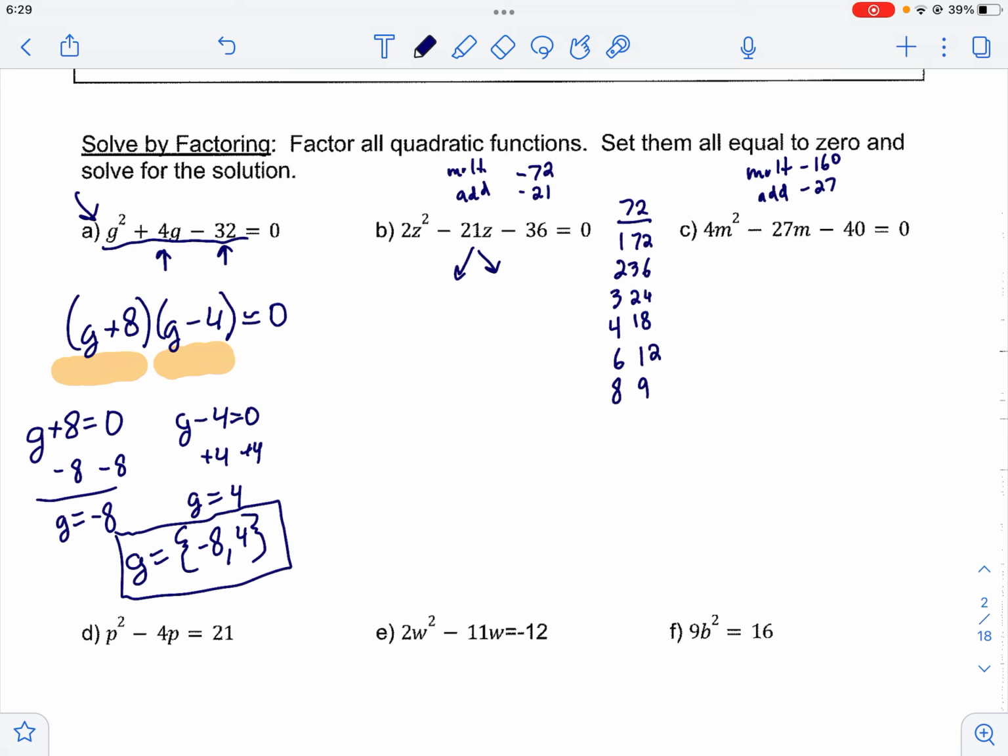All right, so those are the factors of 72 if you didn't have your calculator.